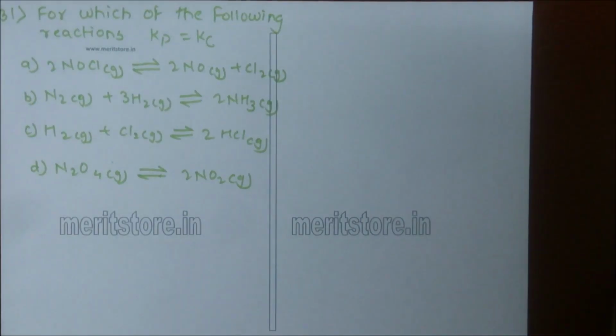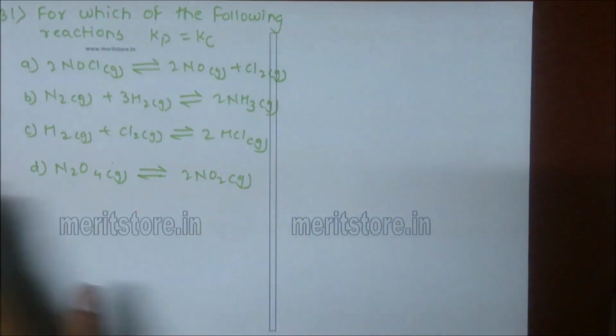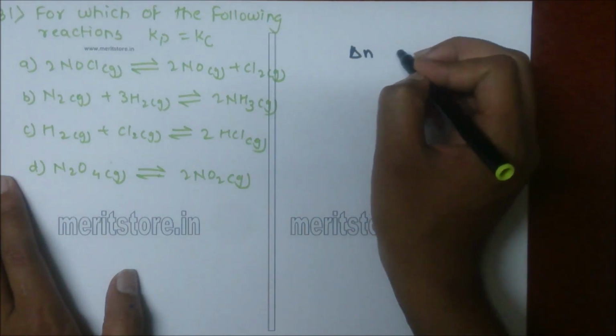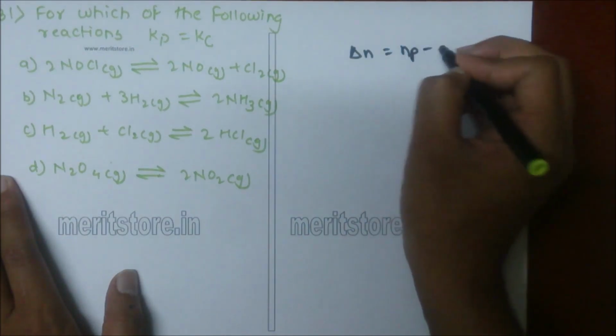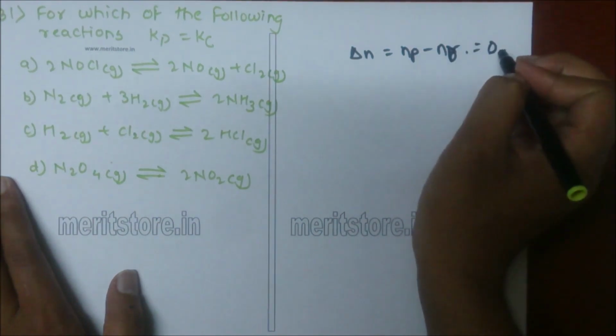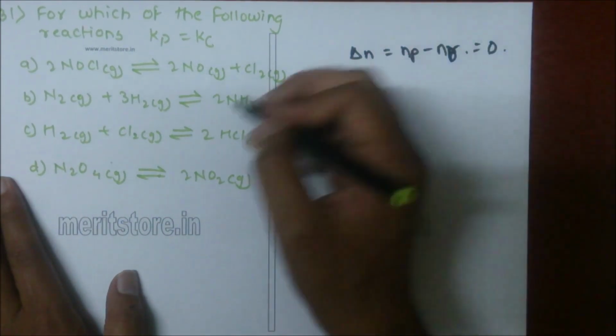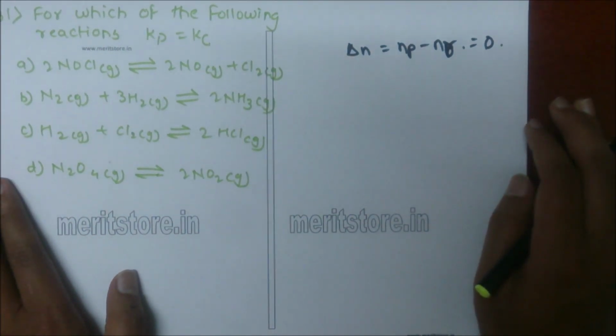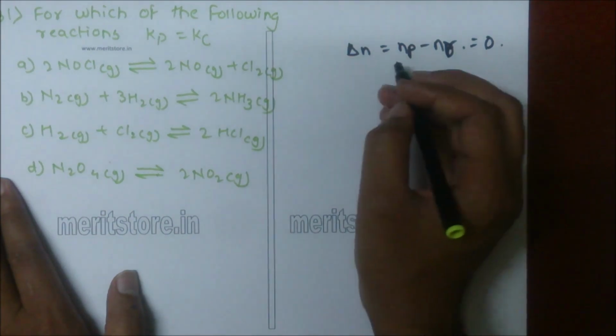For which of the following reactions is Kp equal to Kc? For Kp equal to Kc, delta N, that is the number of moles of products minus the number of moles of reactants, should be equal to 0. So the sum of the coefficients of products and reactants should be the same.